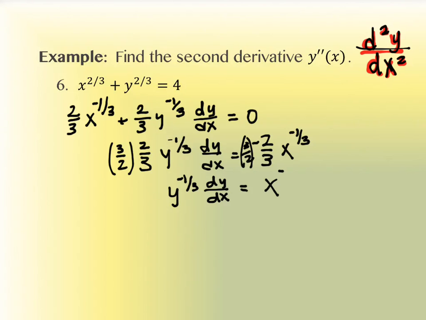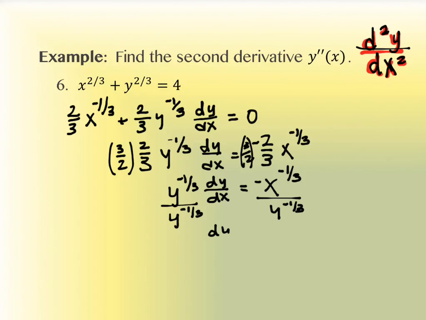This is x to the negative 1/3, right? Negative x. Oh, yes, thank you. It is negative. And then you can either think about multiplying or dividing. I'm just going to divide, and we'll write it that way. We're going to divide by y to the negative 1/3.